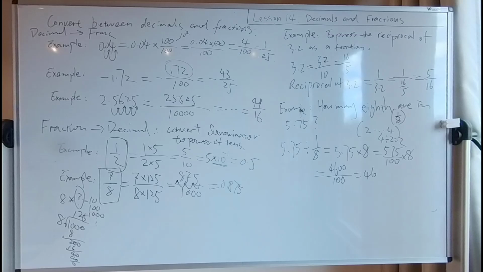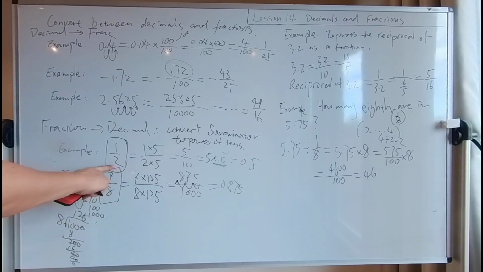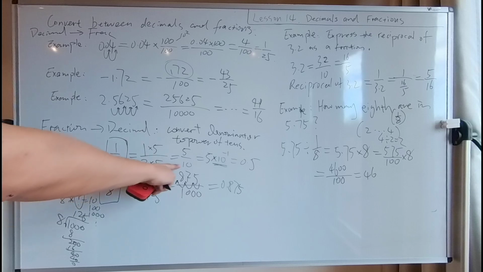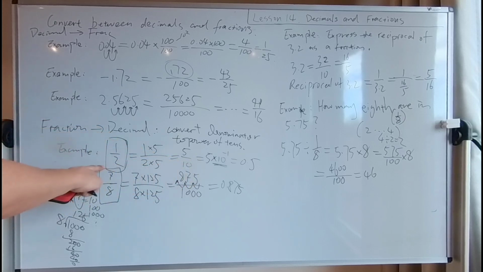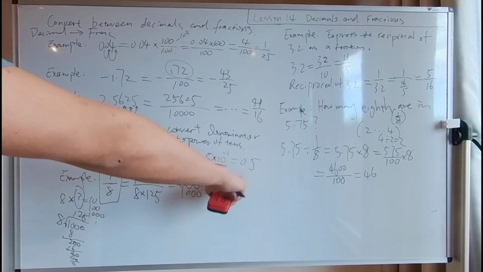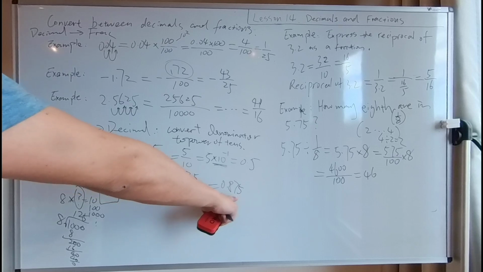Okay, so here are the examples of converting between fractions and decimals. Now we're going to see a new concept which is called repeating decimals. Remember that in the examples here, when we try to convert fractions to decimals, in the special case where you can convert the denominator into a power of tens, you're able to write a fraction as a decimal that has a limited number of digits.